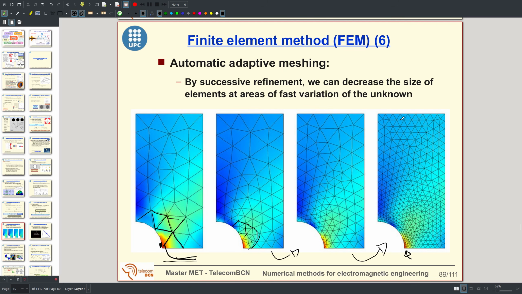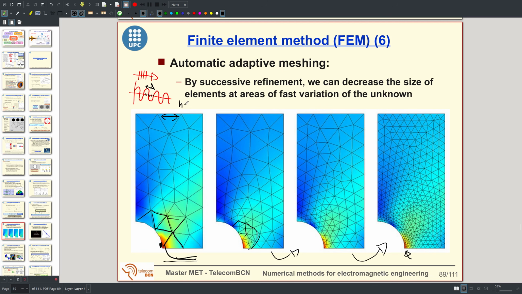In the case of electromagnetic waves, you are limited by the fact that if you have a wave propagating, you have a phase so that the real and imaginary parts are sinusoidal due to the phase, and you have to sample; usually you need about 10 samples per lambda, per wavelength, and this limits the maximum size of the elements.